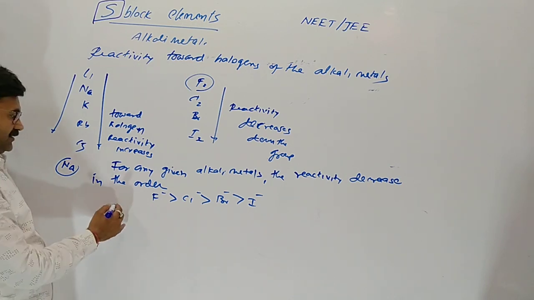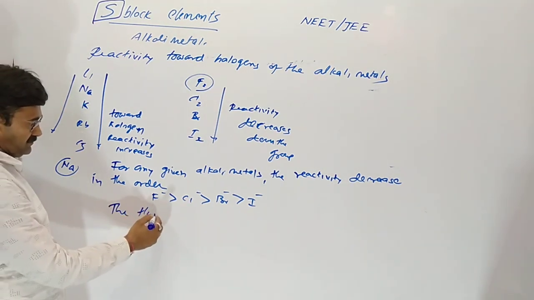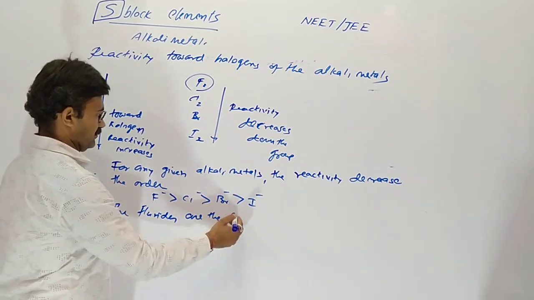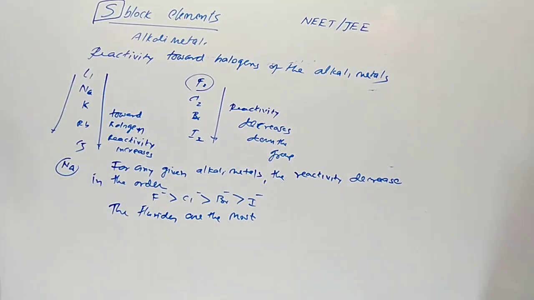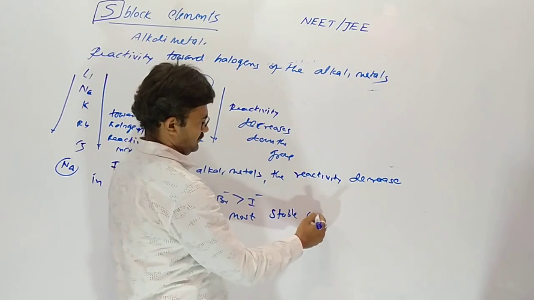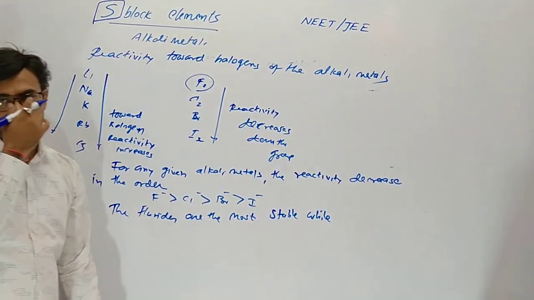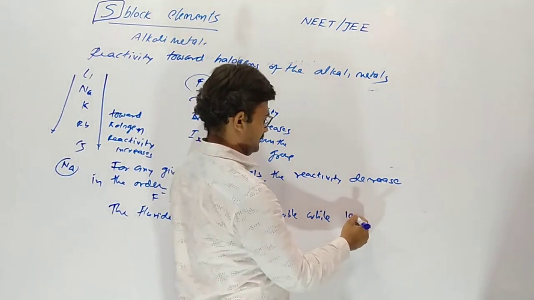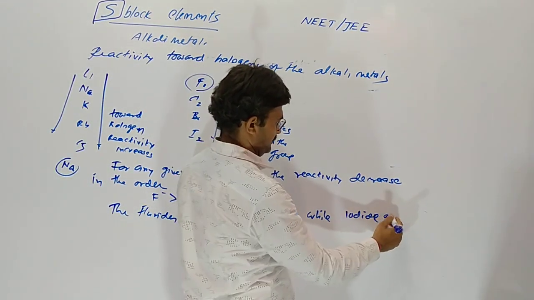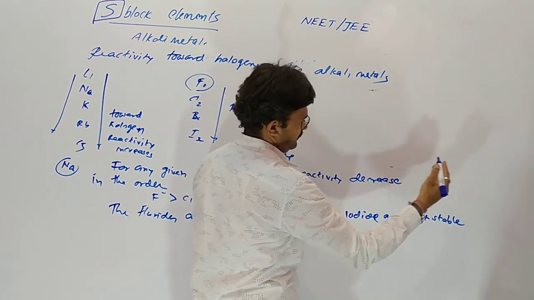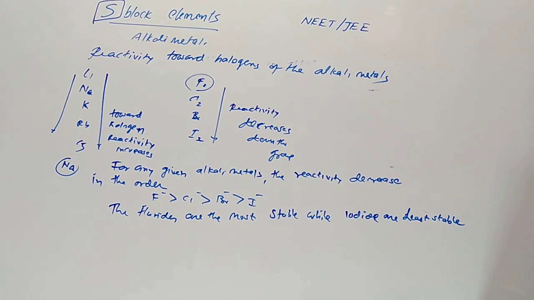The fluorides are the most stable, while iodides are the least stable, because of the formation enthalpy value.